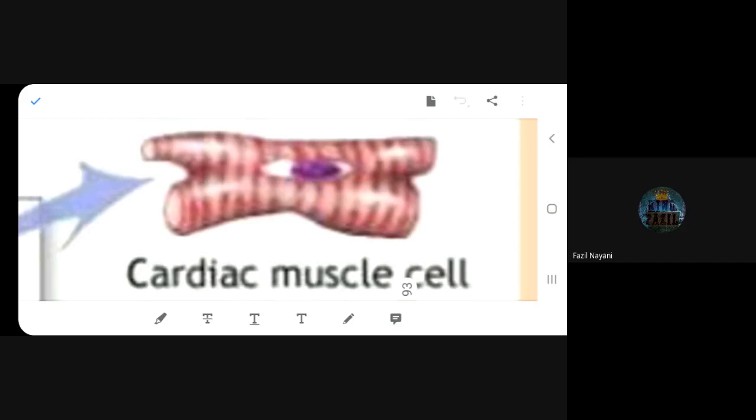Good. Now, can you differentiate between the simple tissue and the complex tissue? Yes, ma'am. Simple tissues are made up of one type of cell, which are coordinated to perform a common function. Very good.